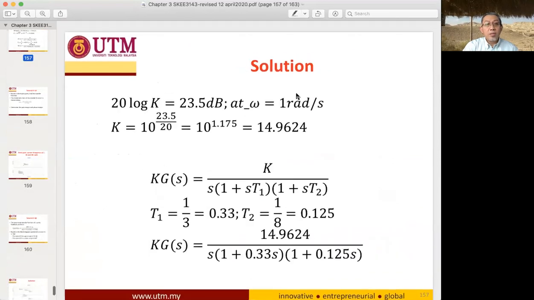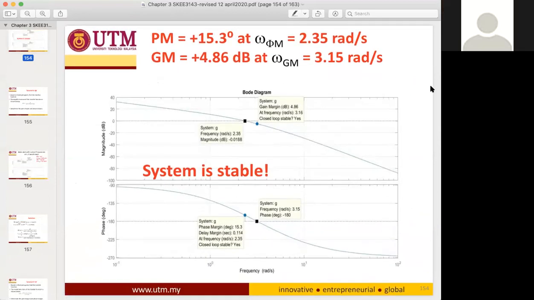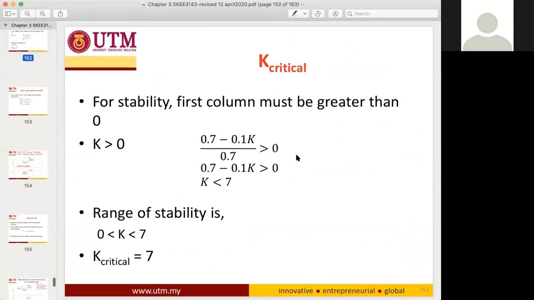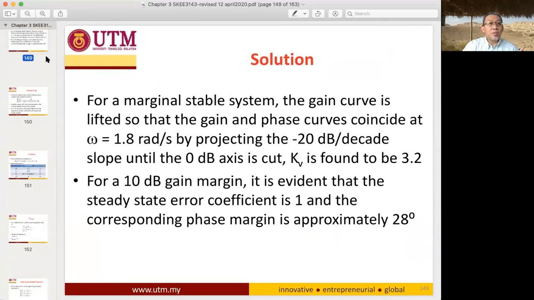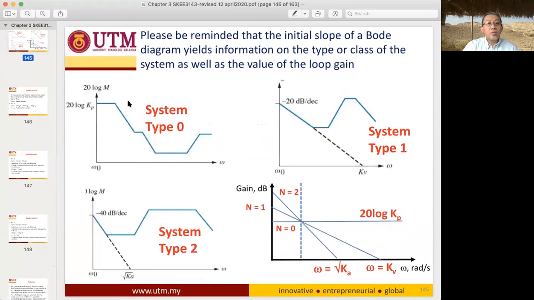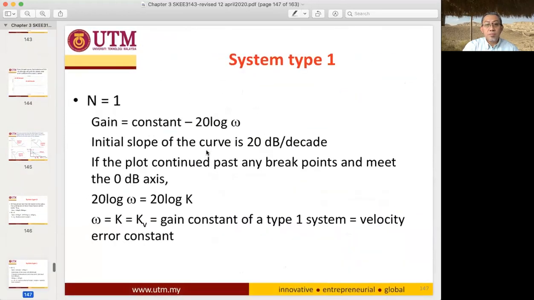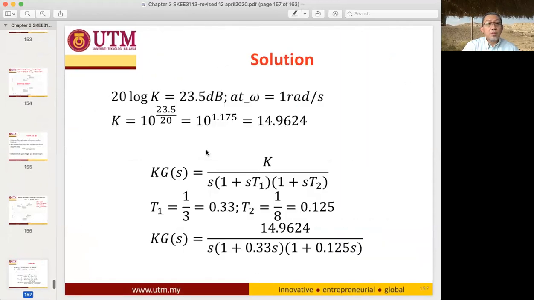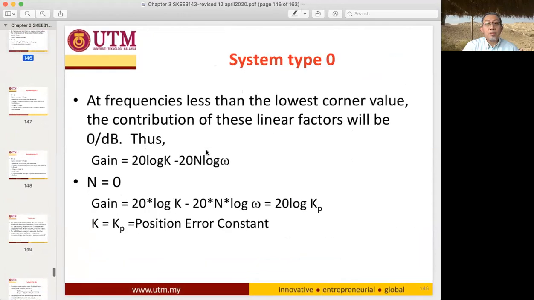Slide number 105. Oh, belakang lagi. Oh, jauhnya. One zero five. Question 3.